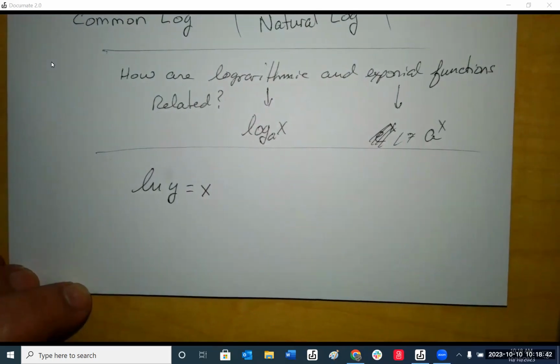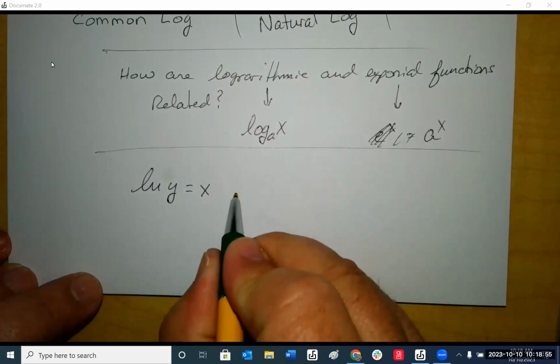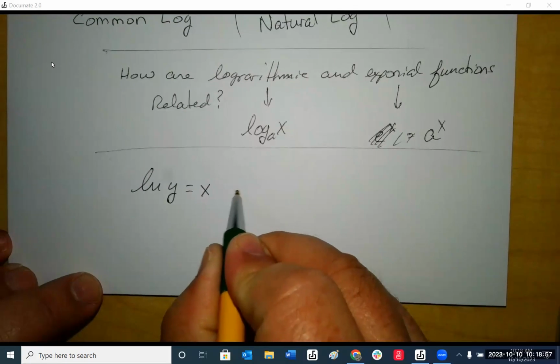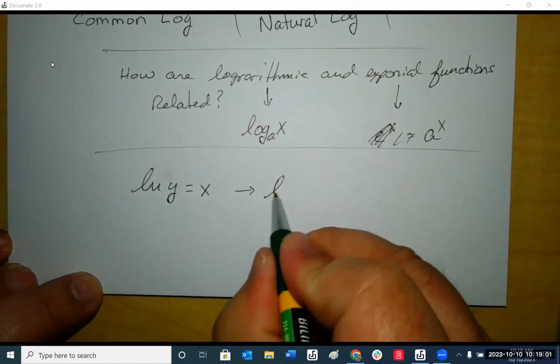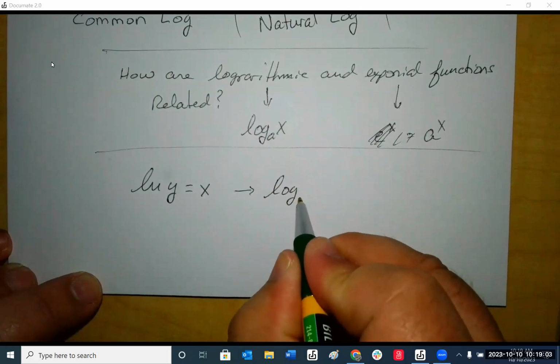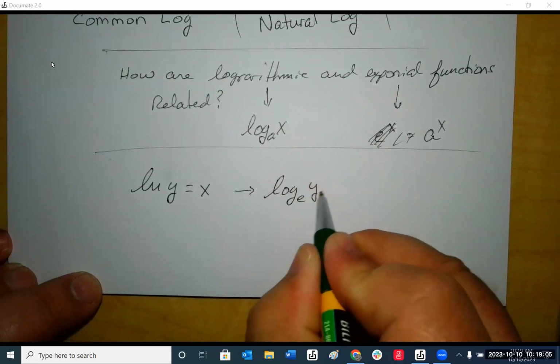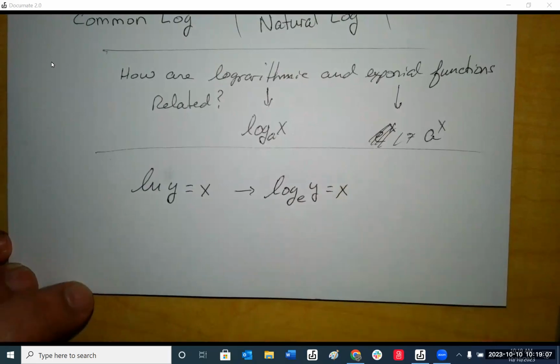And so we had this. The natural log of y is equal to x. It's log base e of y equals x.